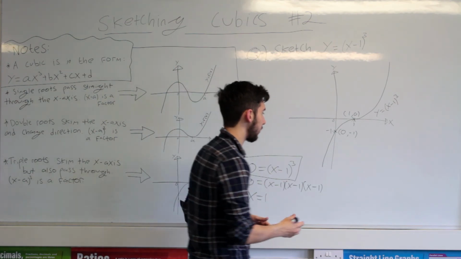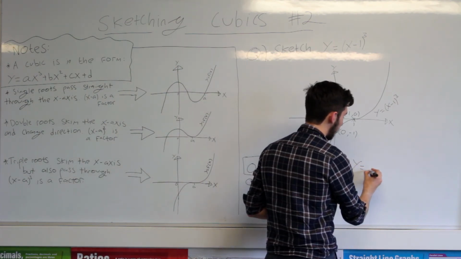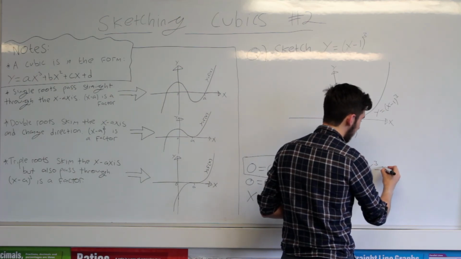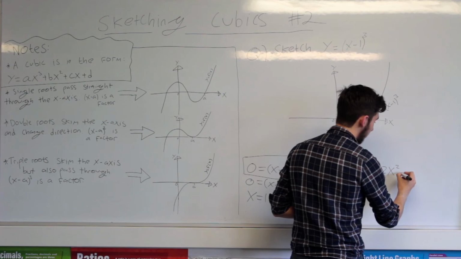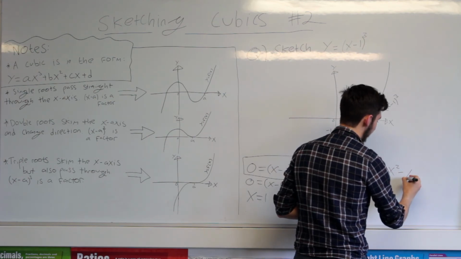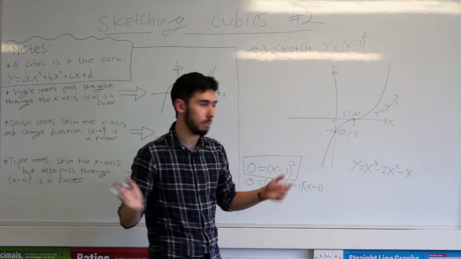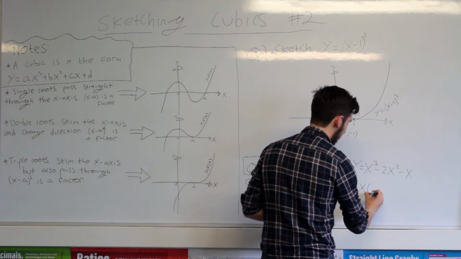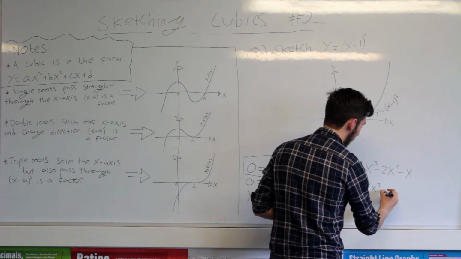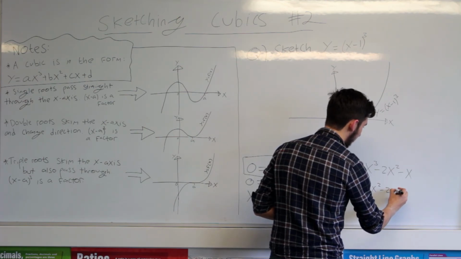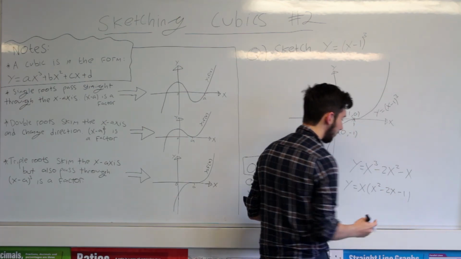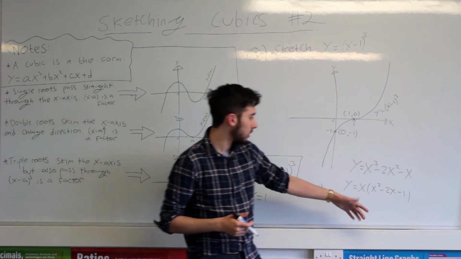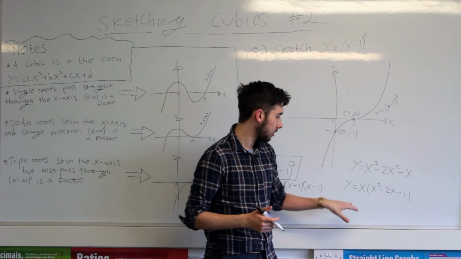So for instance, if you got something like y equals x cubed, let's say, I don't know, minus 2x squared minus x, something like this, I'm totally making it up. You could then say, okay, y equals x times x squared minus 2x minus 1. And then you could factorize that, okay? So that's just an example.